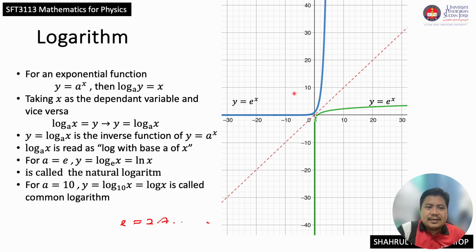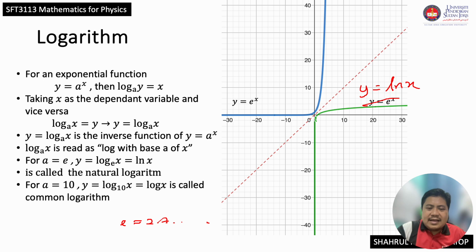So how do the exponential graph and the logarithmic graph look? This is the graph for the exponential e to the power of x, which we learned from the previous lesson. Its inverse is this one. I have to make a correction: this is not y equal to e to the power of x, this is y equal to the natural logarithm ln x.